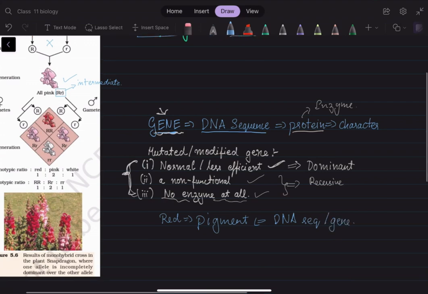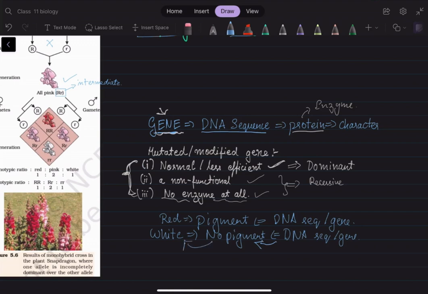But if it's white, there is actually no pigment at all. When there is no pigment, that means there must be some problem with the DNA sequence, right? The DNA sequence of the gene must have been mutated. In that case, it did not code for any pigment, so the flower was white, without any color.